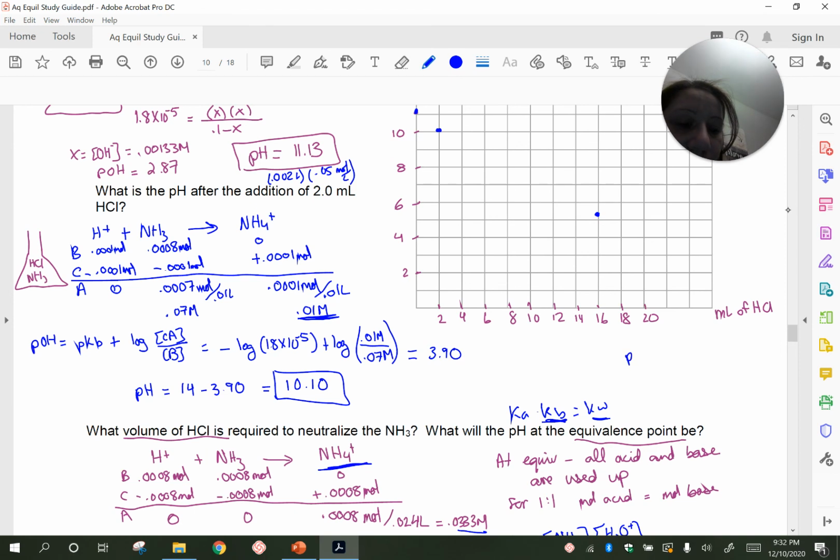So pOH is equal to the pKb. So pOH is going to be negative log of 1.8 times 10 to the negative fifth, which is, let me calculate that real quick, 4.74.